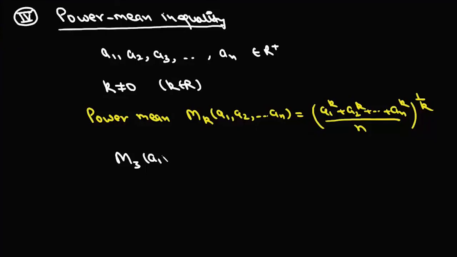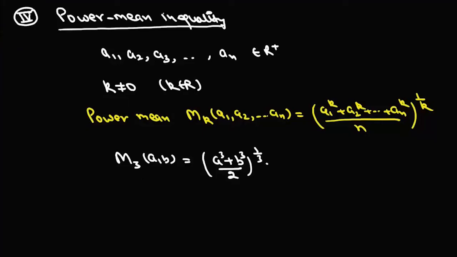To understand this, let us consider power mean of a, b if k is 3. Now it will be ((a cube plus b cube) by 2) whole to the power 1 by 3. So this is how we write power mean of these numbers with the given k.